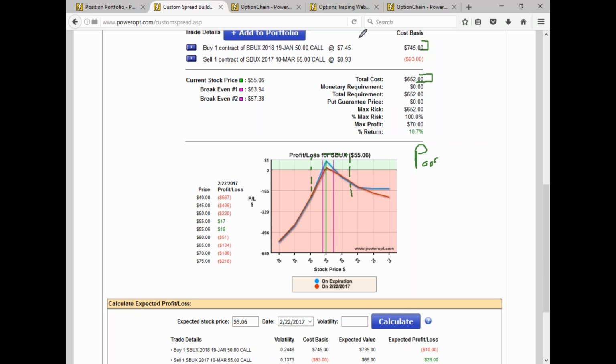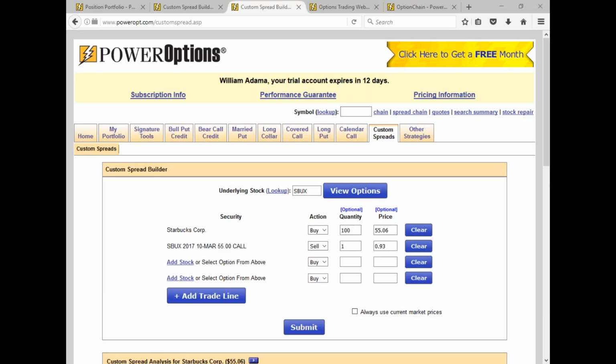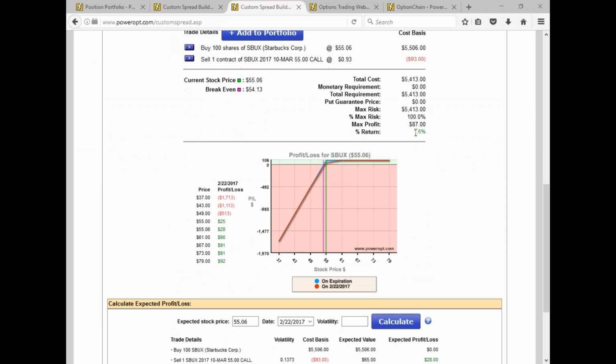And we sold our 35-day out March 10th call for 93 cents. We'd get a reasonable return. Let's take a look at that profit and loss chart, shall we? Well, it's a 1.6% return. This doesn't have as much volatility, but we'll just look at that now. But that's anywhere above 55. You still make a profit.